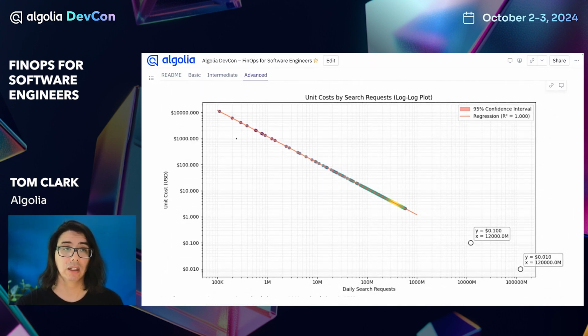So here, Hex lets us take that data from Redshift and compute some data science on it, and we can render a matplotlib graph and do a NumPy linear regression on this. So if this line continues, it tells us that if we wanted to hit 10 cents unit cost, we would have to serve 12 billion units.